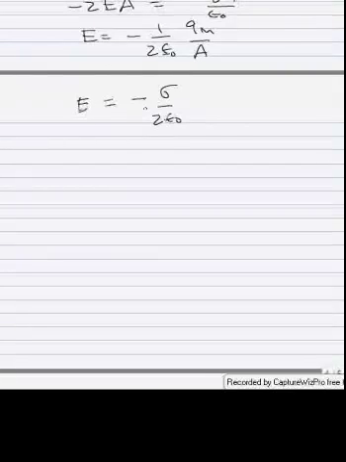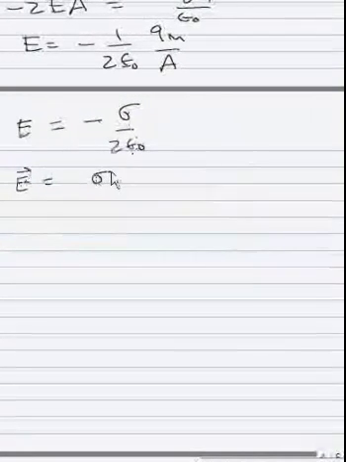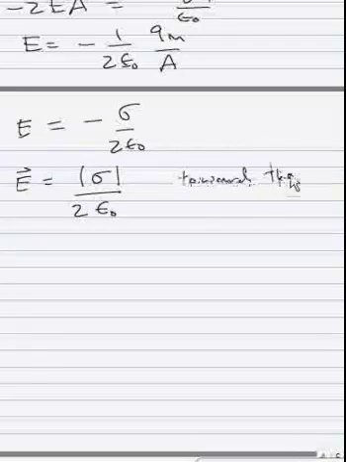I'm going to get rid of my negative sign and just indicate the direction with words. I think that's a little cleaner here. E is equal to the magnitude of my surface charge density over 2 epsilon naught, and the direction is toward the sheet. Okay, so we have our two electric fields.